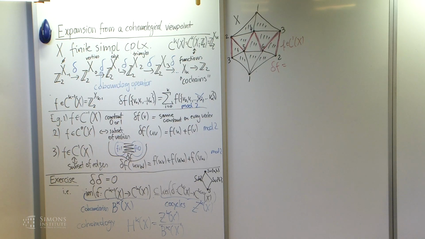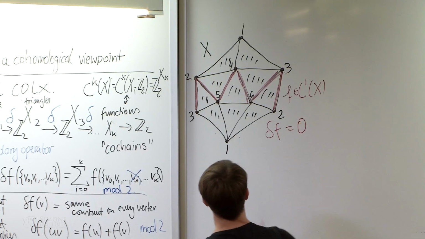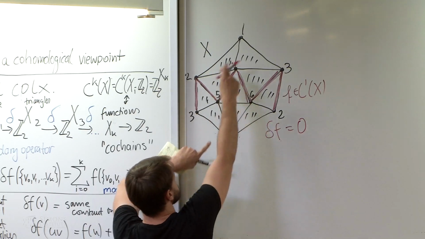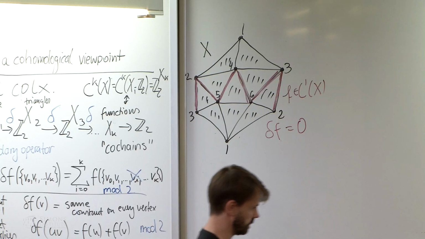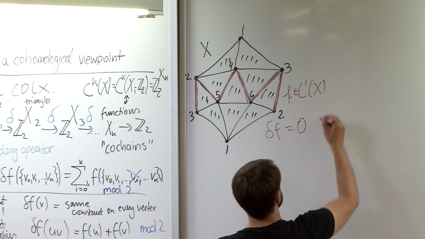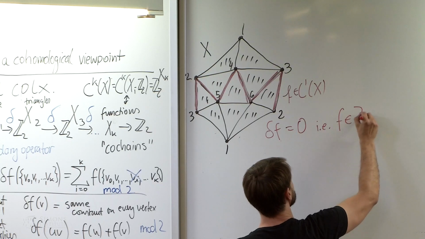Every triangle is incident to an even number of edges. So right? Exactly. Right. So these triangles don't see any red edges, and the ones in the middle see 2. So that's it. So this is actually a one-dimensional cocycle.